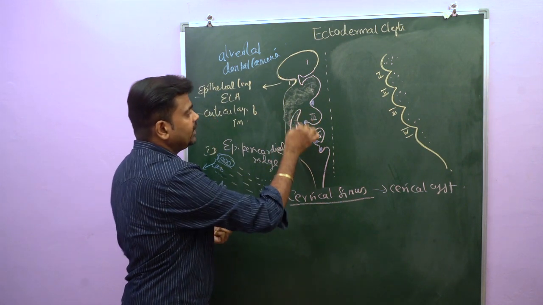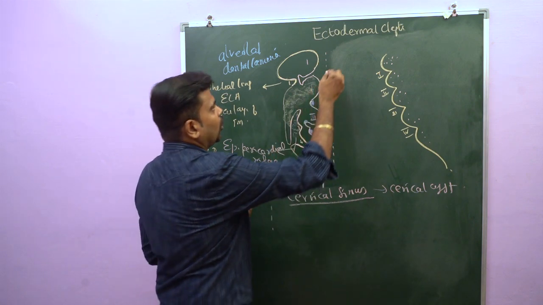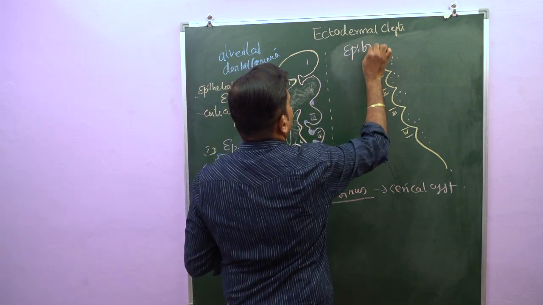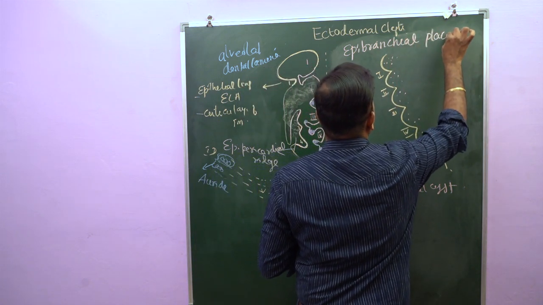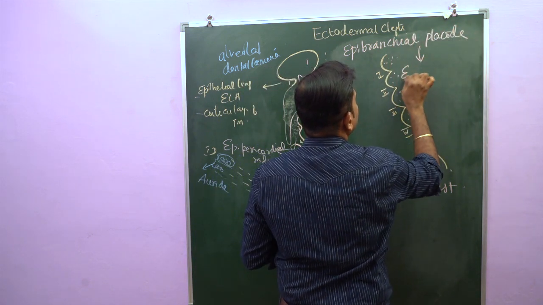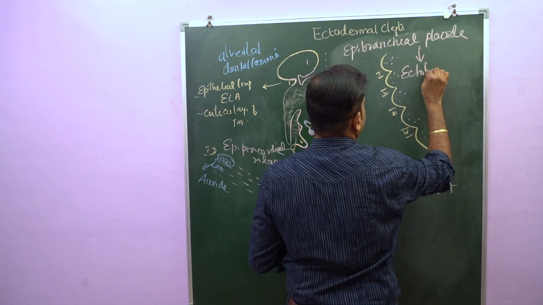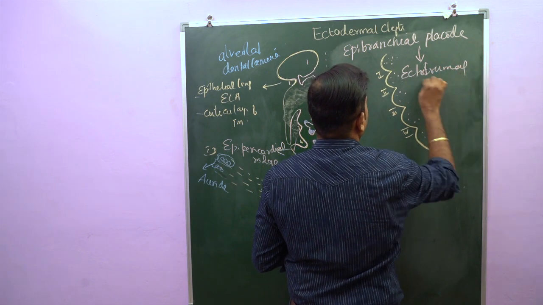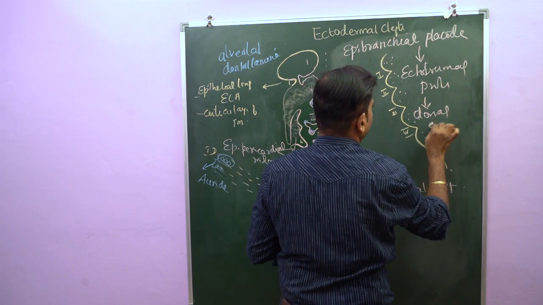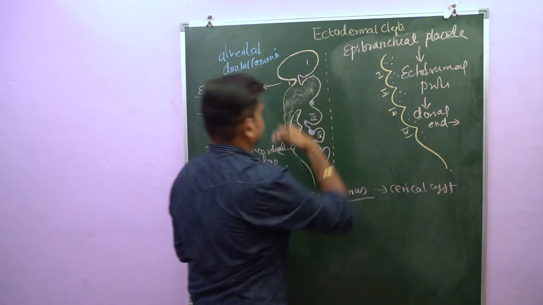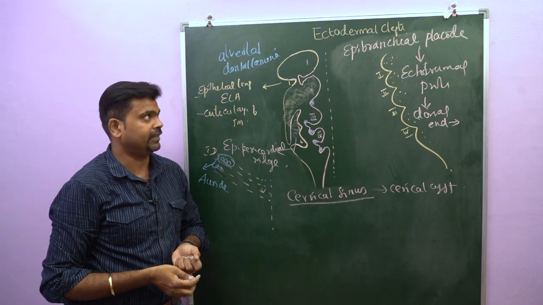Before regression of all the clefts, there is a formation of epibranchial placodes. These epibranchial placodes are ectodermal proliferations seen in the dorsal end of all the clefts: first, second, third and fourth cleft.